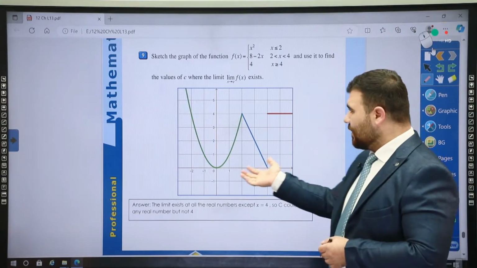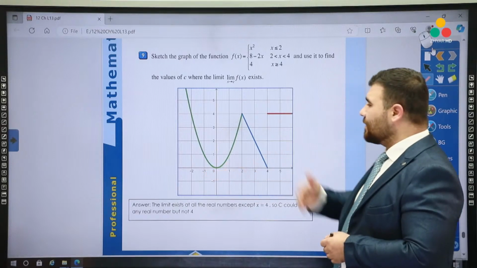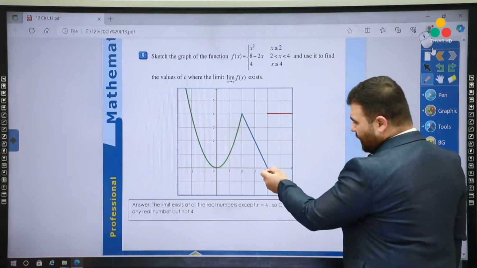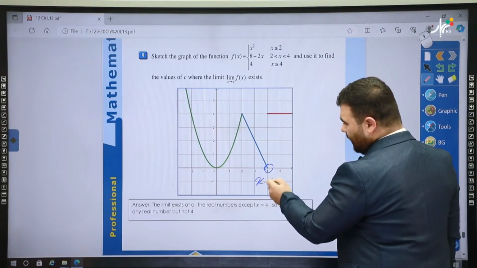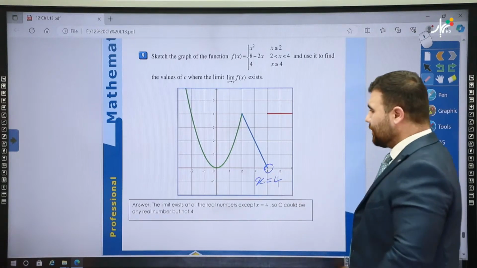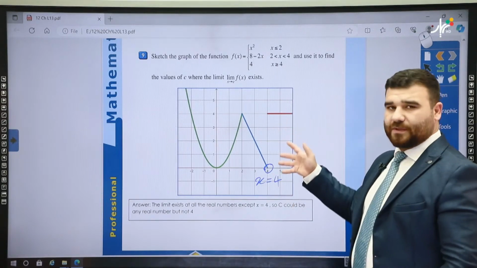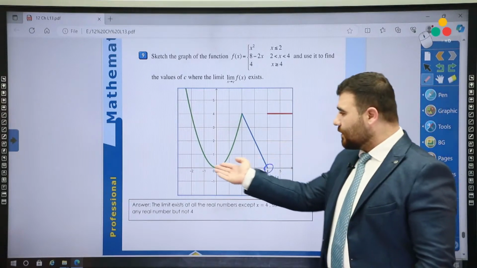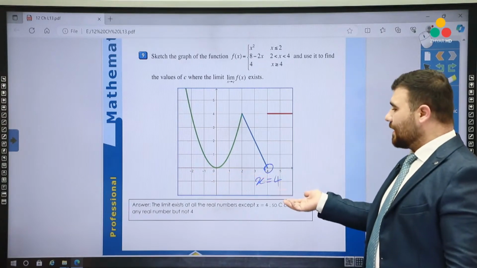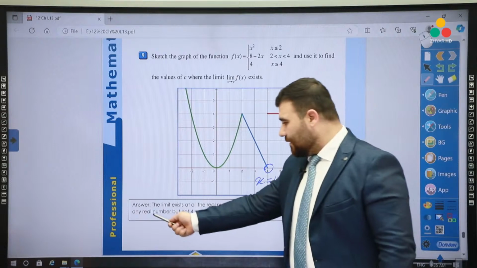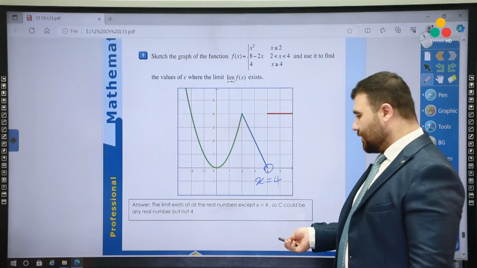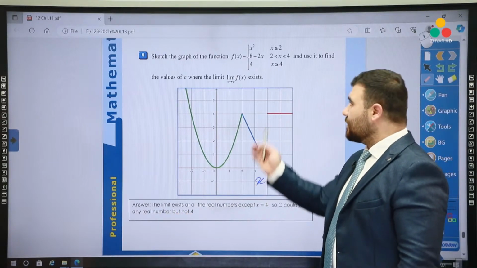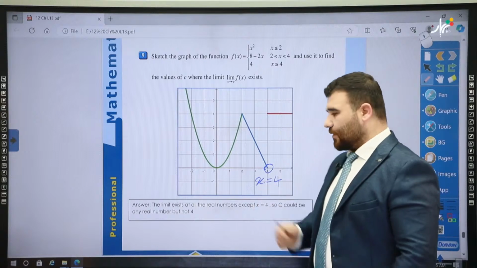If we look at this, the only place that the limit does not exist is where x equal to 4. At x equal to 4, the graph is broken. It's 2 pieces. Then the limit does not exist at 4. But everywhere else on the graph, the limit exists and it has no problem. This means the limit exists at all real numbers except 4. Then c could be any value, but not 4.